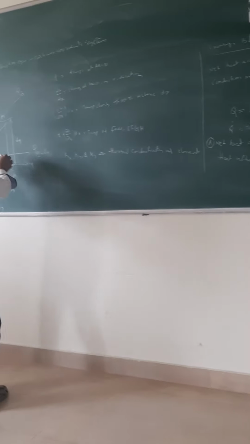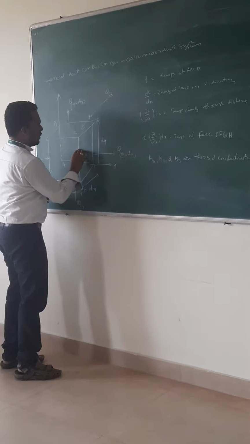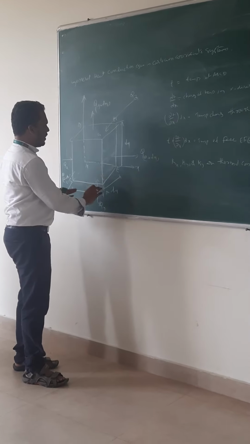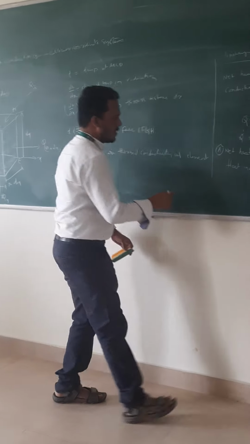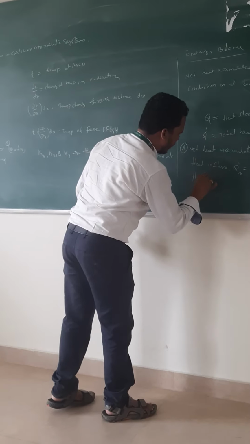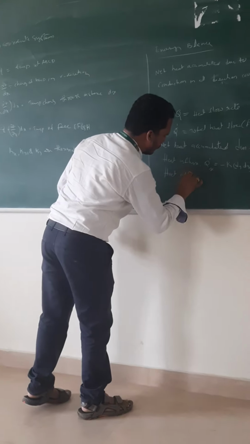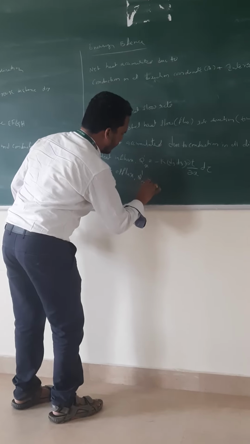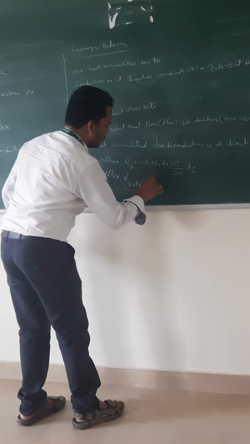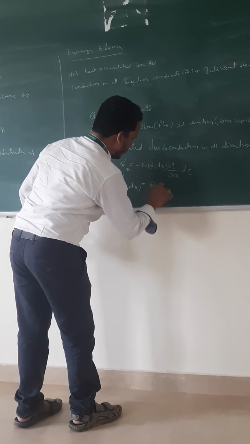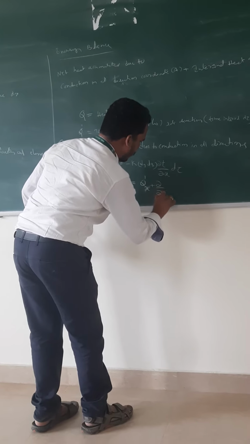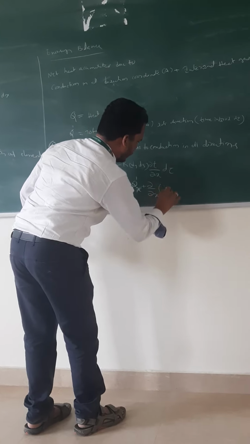Similarly, the amount of heat leaving through the face EFGH in the time interval is the heat efflux. This is Q dash x plus dx, which is Q dash x plus dou by dou x of Q dash x into dx.